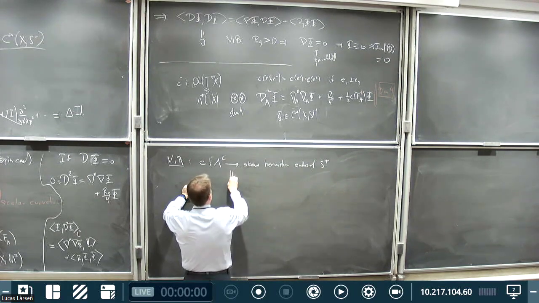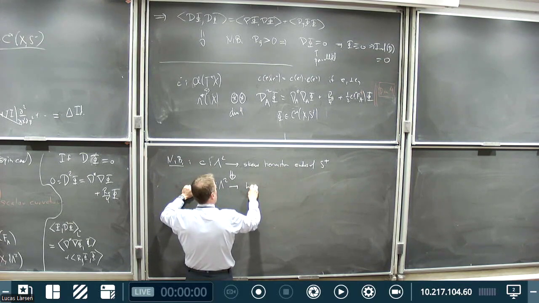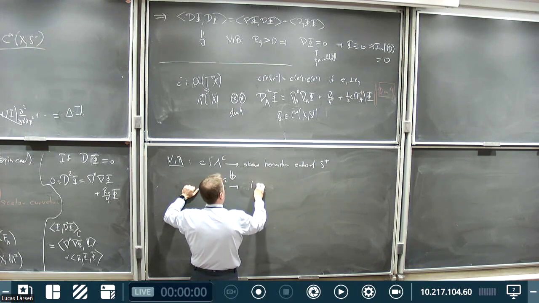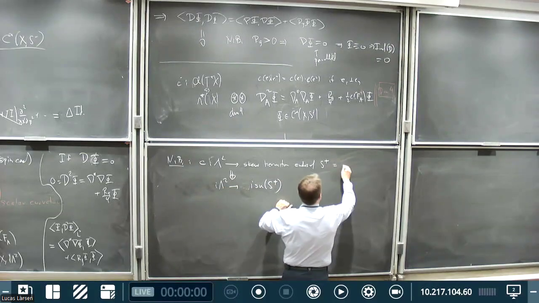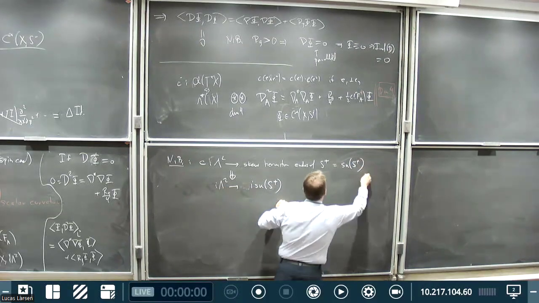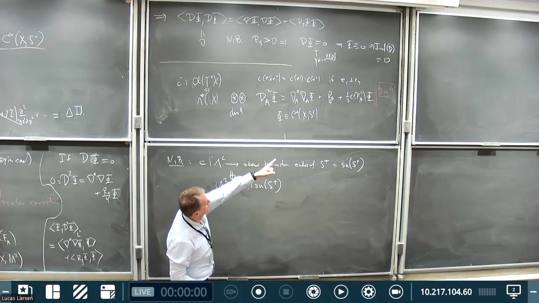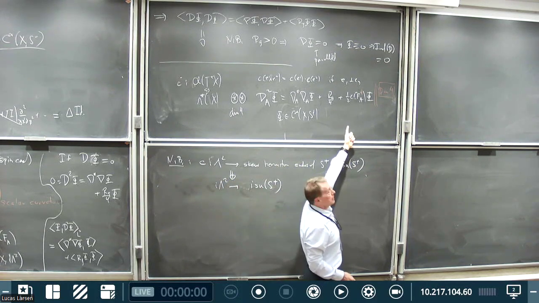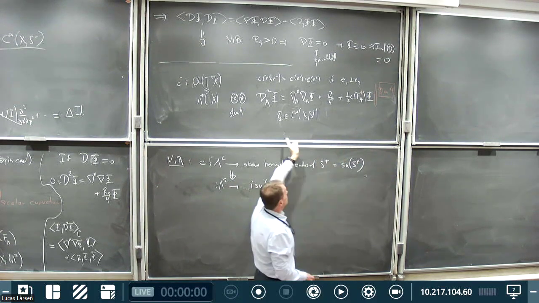But that means that i times S plus maps to Hermitian endomorphisms, actually traceless, so i su of S plus. The point of saying that is that that's a Hermitian endomorphism. It has real spectrum. So you could ask yourself, is the spectrum of that endomorphism pointwise positive? In which case you'd get a vanishing theorem.